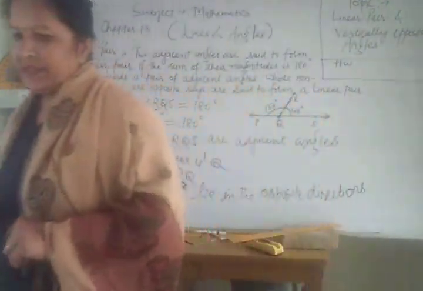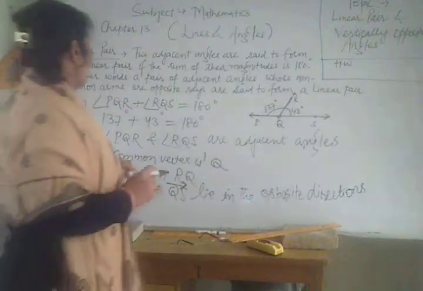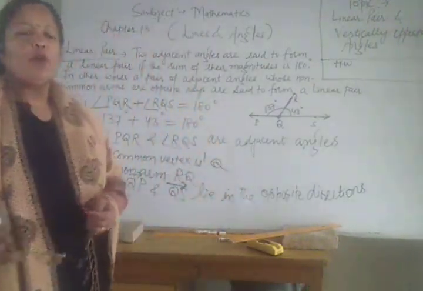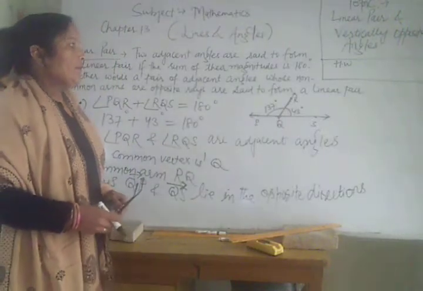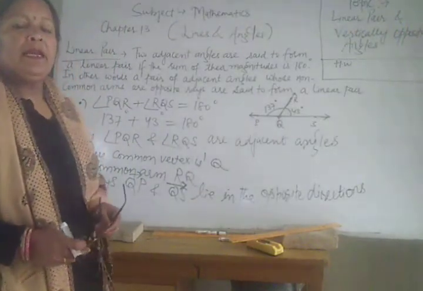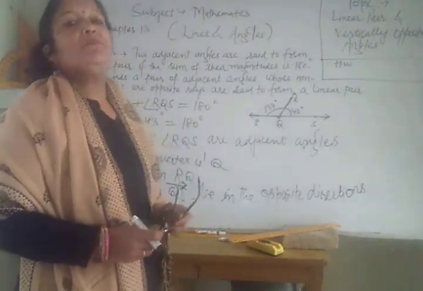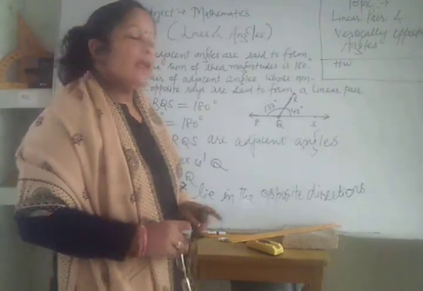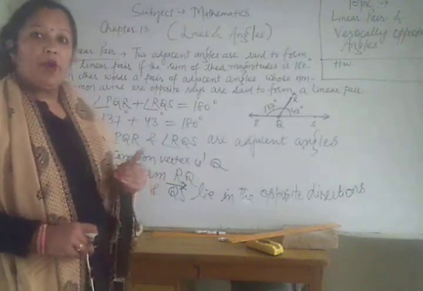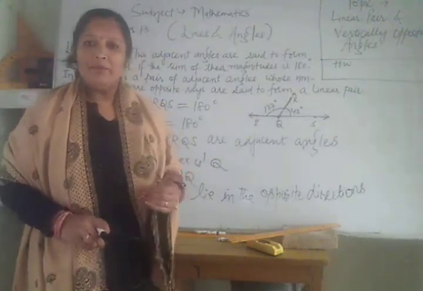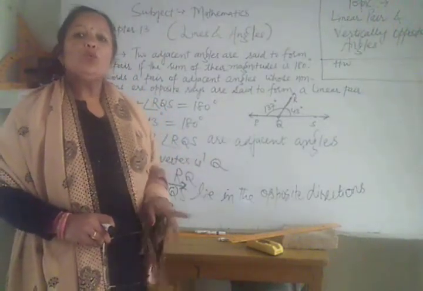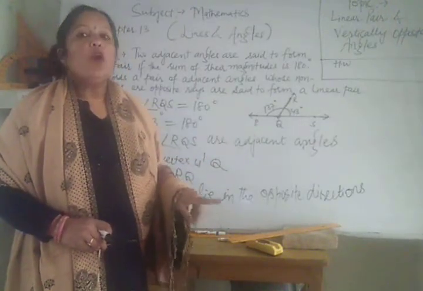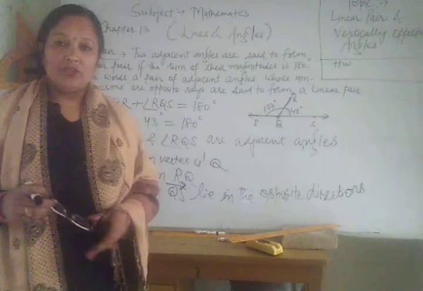So we can say that when a linear pair is formed, the angles will be adjacent angles and the sum of their magnitudes will be 180 degrees. There will be a common vertex, one common arm, and the two non-common rays will lie in opposite directions.